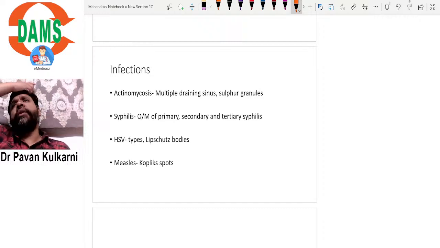Syphilis, we are supposed to know about the oral manifestations, mainly primary syphilis, secondary syphilis, tertiary syphilis, where you will see chancre, that is primary syphilis. Mucous patches are seen in secondary syphilis. Gumma is seen in tertiary syphilis. And the gumma that you see on the tongue causes interstitial glossitis.